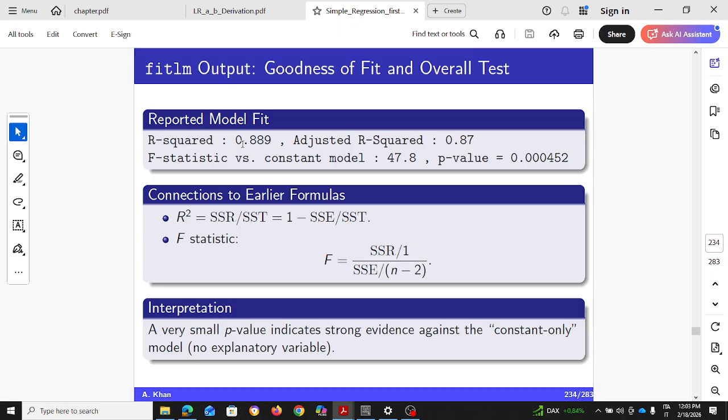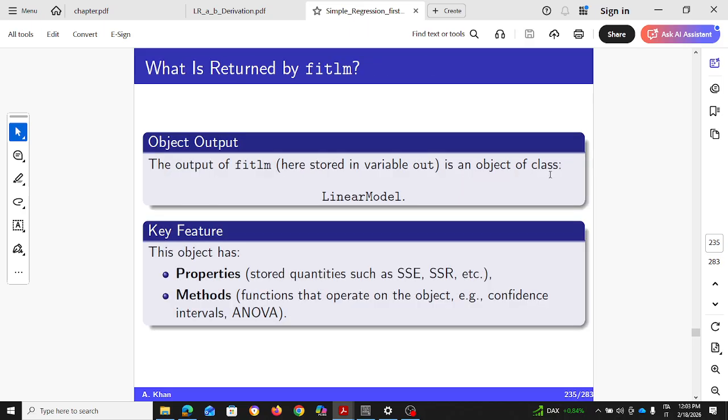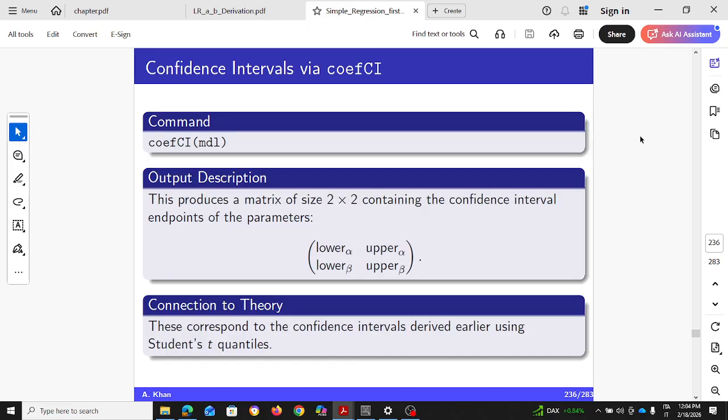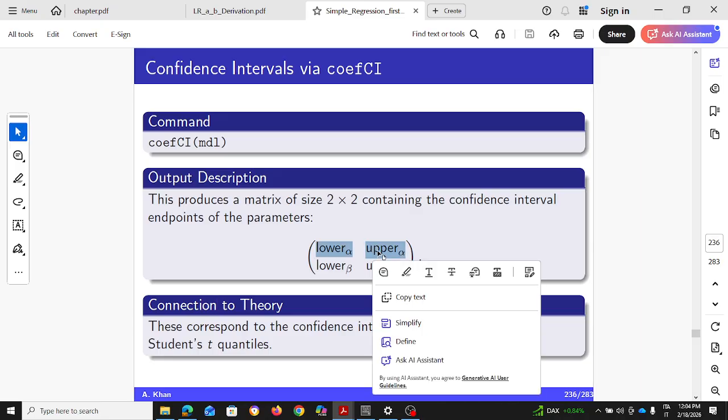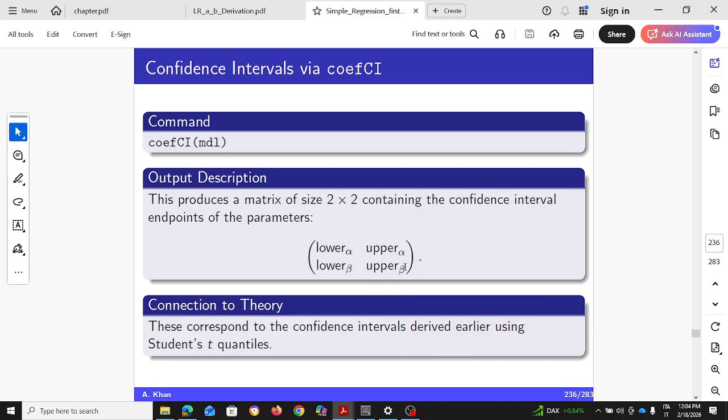Similarly, the fitlm function also gives you all the rest of the values. You can find all those in MATLAB. Similarly, to build the confidence interval, you have this command, coefCI, and you will get a matrix like this, where for alpha you have the lower bound and the upper bound, and for beta the lower bound and the upper bound.